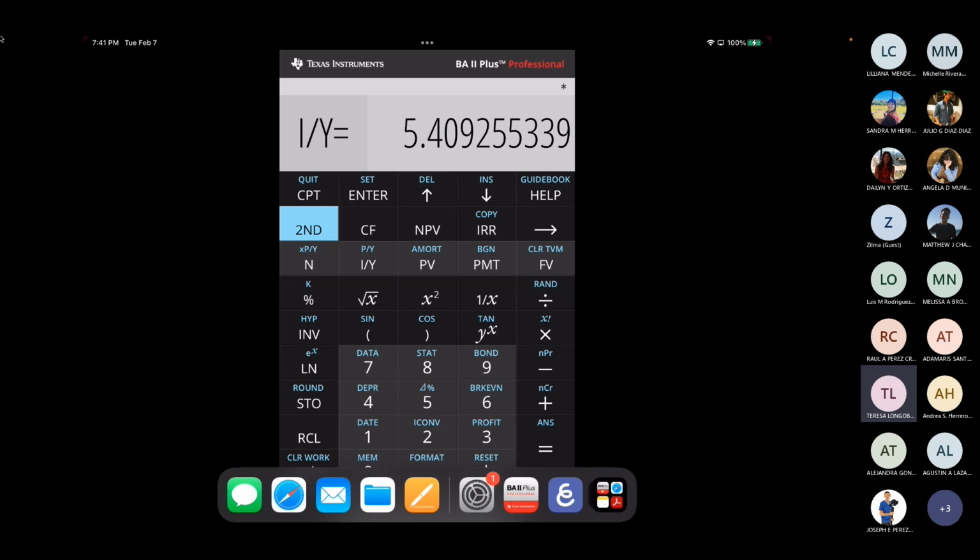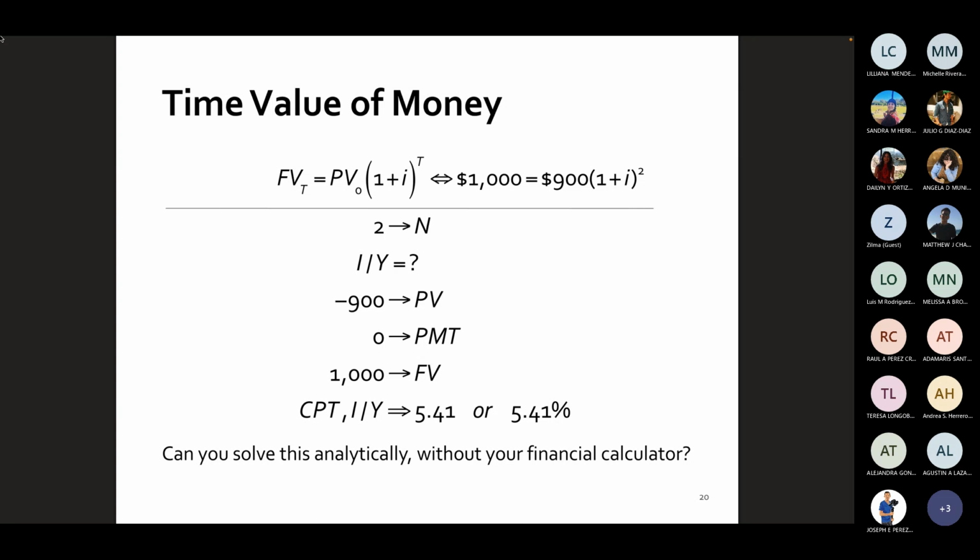Let me know if you have any questions about that. And the question here is, can you solve this analytically without a financial calculator? Yes, because we just did it, right?